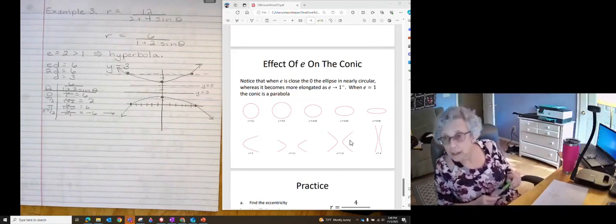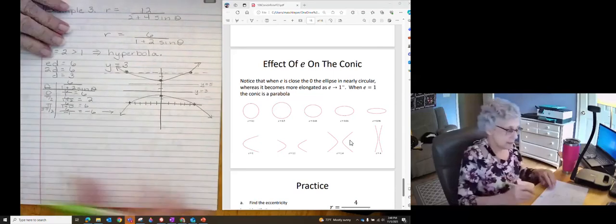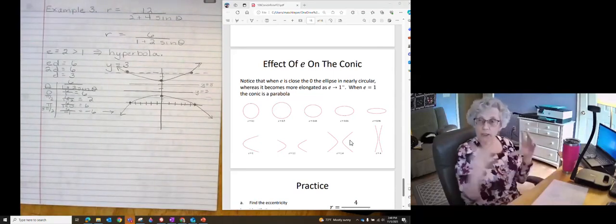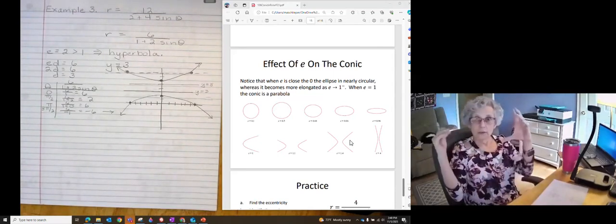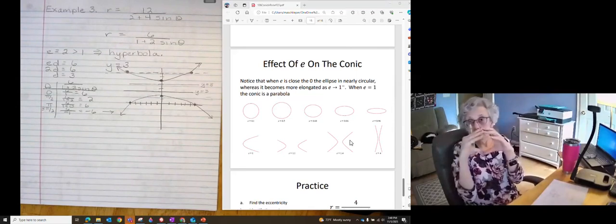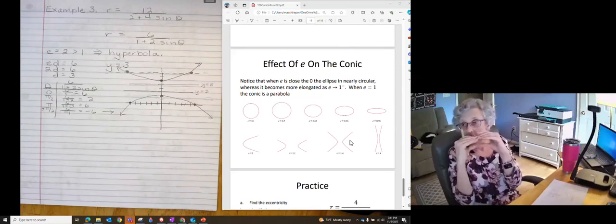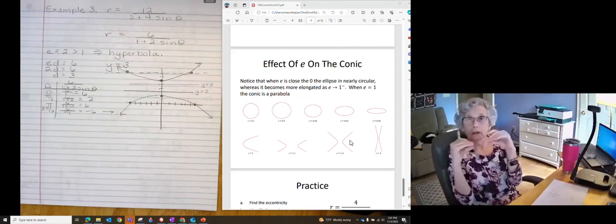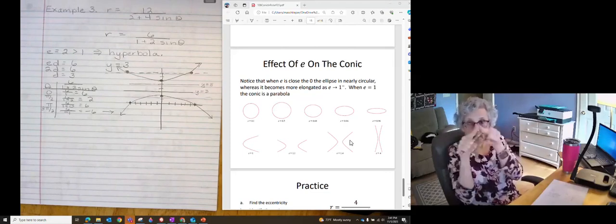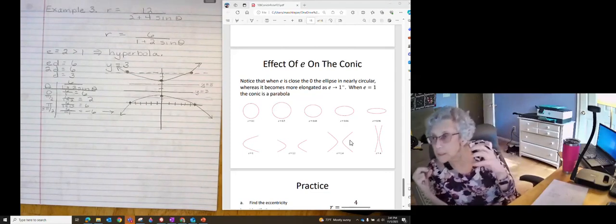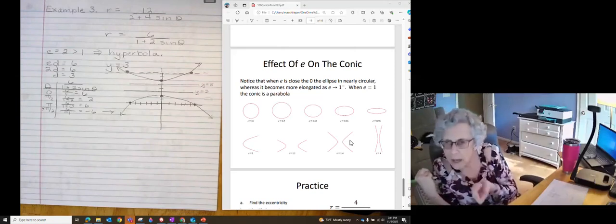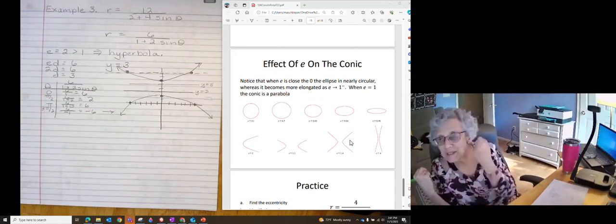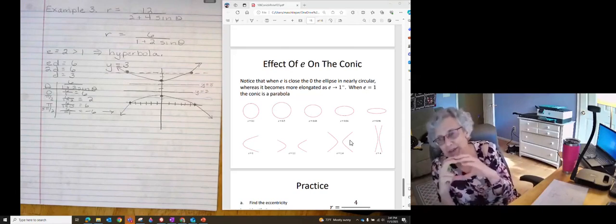If your E is closer to 1, then your ellipse is closer to a circle. If your E is closer to 0, then your ellipse would be longer and skinnier. I had that backwards. If your E is closer to 0, then you're closer to a circle.